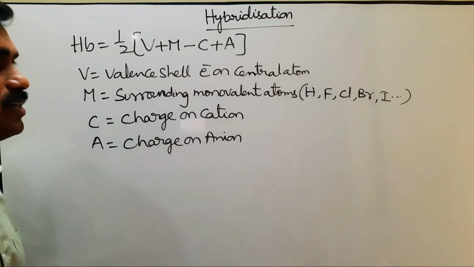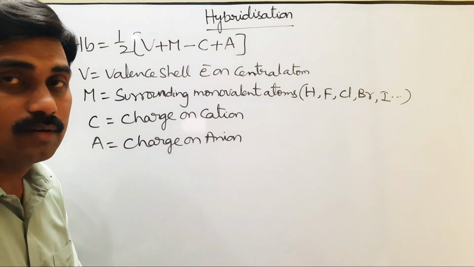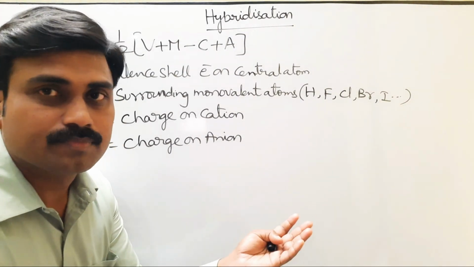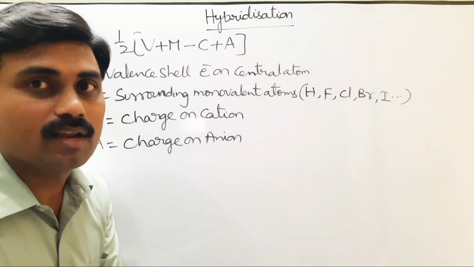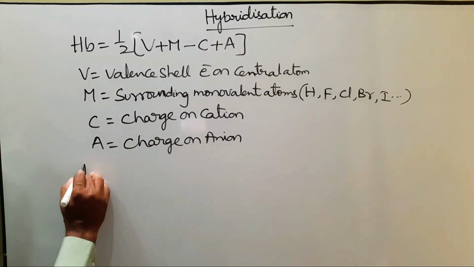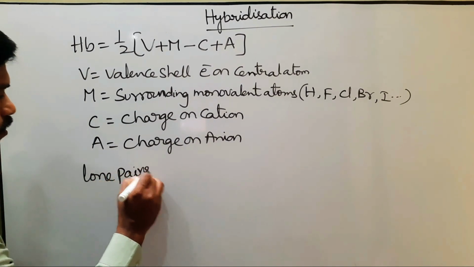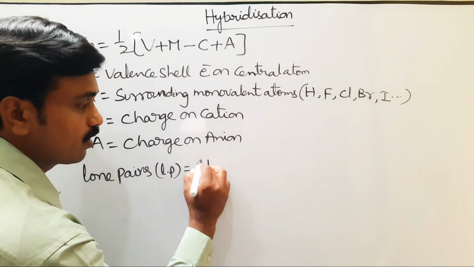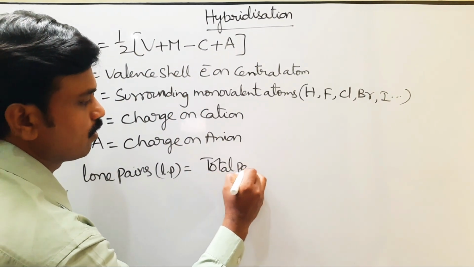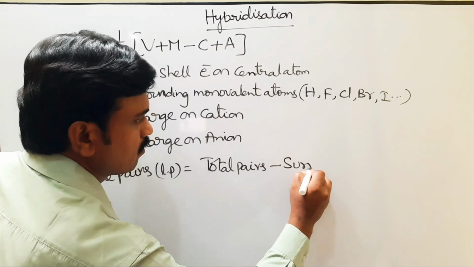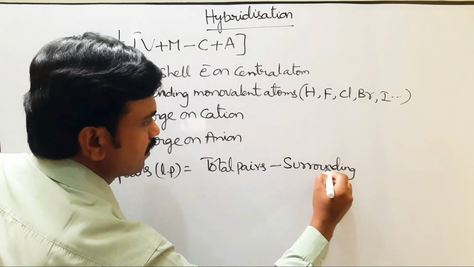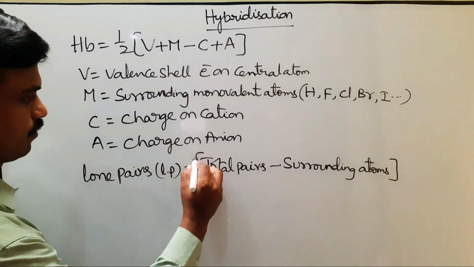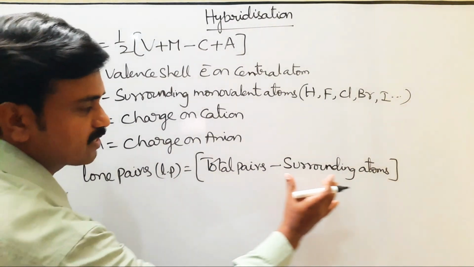After finding the hybridization of the central atom, we have to look at lone pairs of electrons also, because lone pairs of electrons deviate the shape of the molecule and change the bond angle of the molecule. That's why lone pairs equal total pairs minus surrounding atoms.